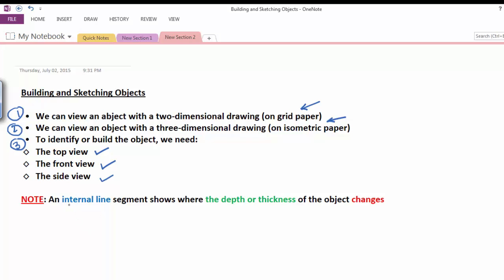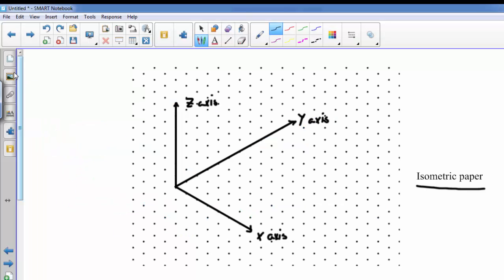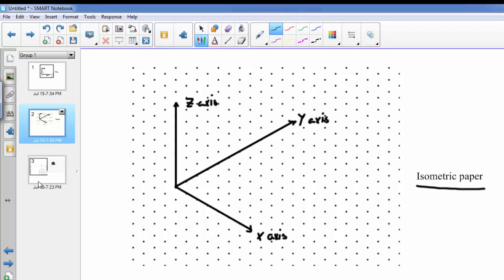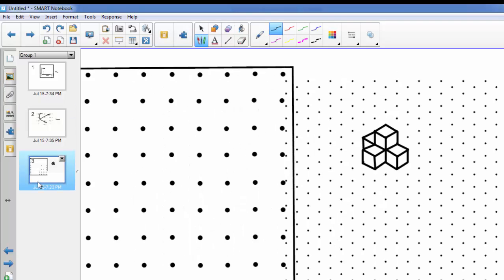And there is a very important note: an internal line segment shows where the depth or the thickness of the object changes. We're going to return to this note when we do the example. So I'm going to invite you now to go to this example, and we'll see how we can get the 3 views from an isometric drawing. So let's start.